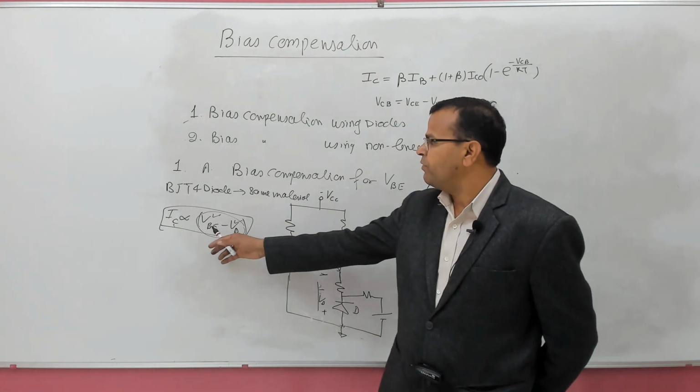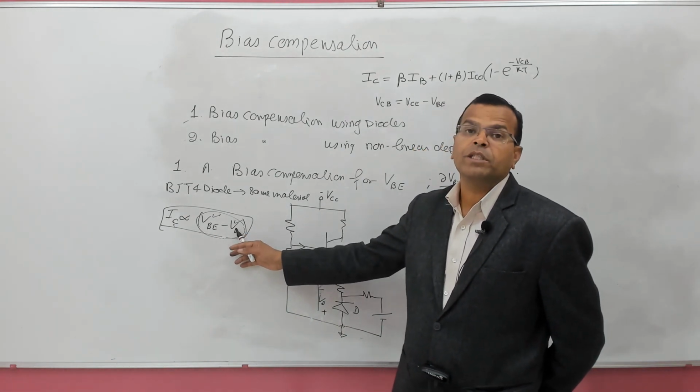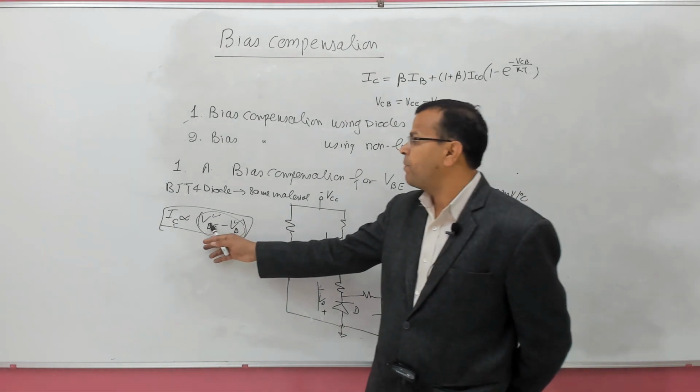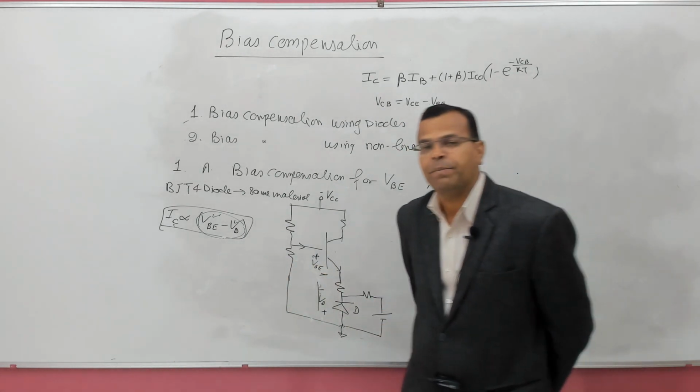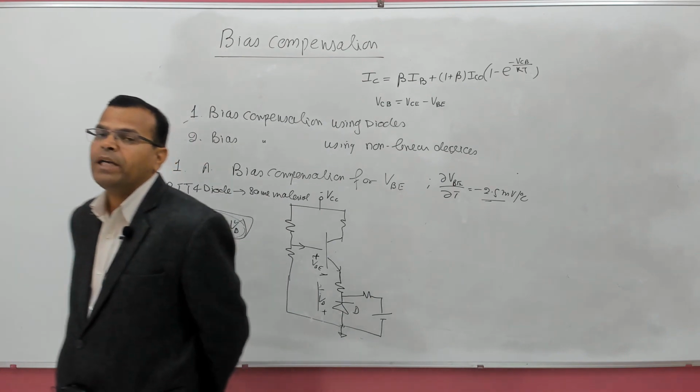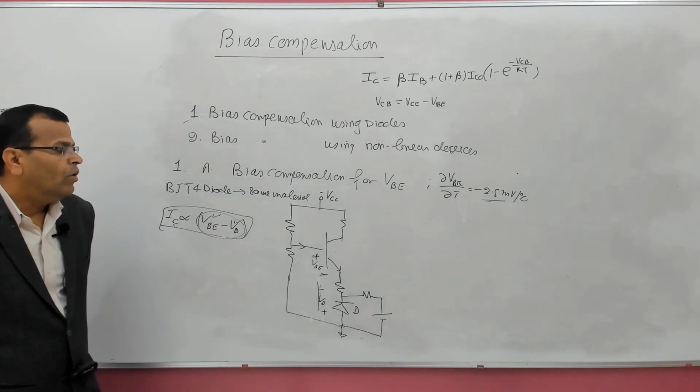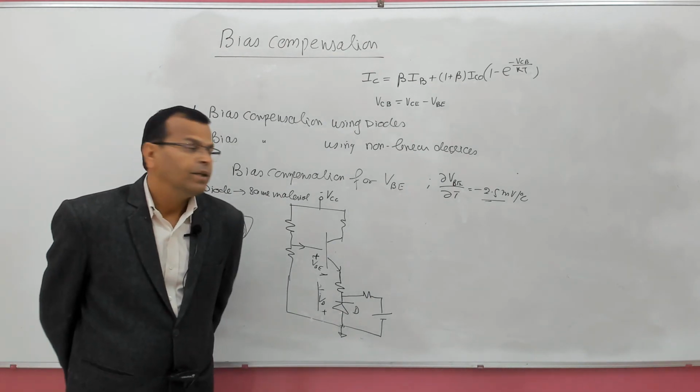The condition is that the variation in VBE and the variation in VD must be the same, and that can happen only if the material of BJT and diode is the same. That is known as bias compensation for voltage VBE.